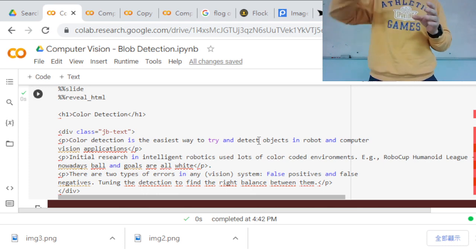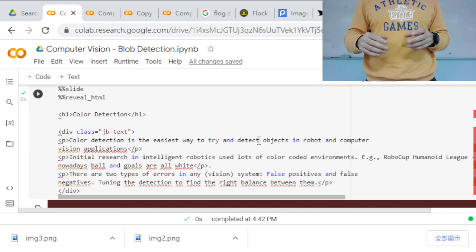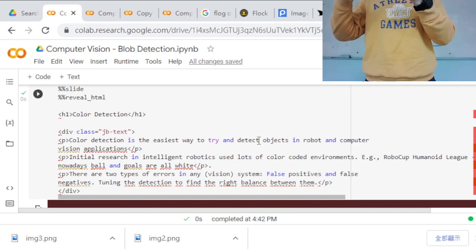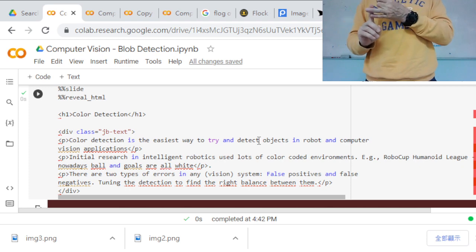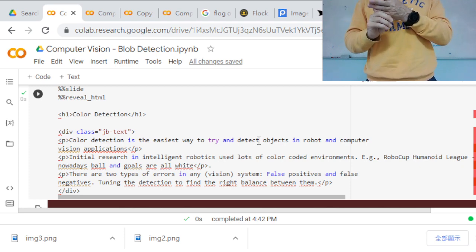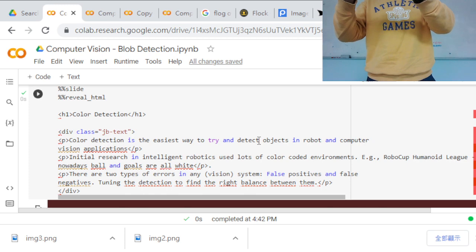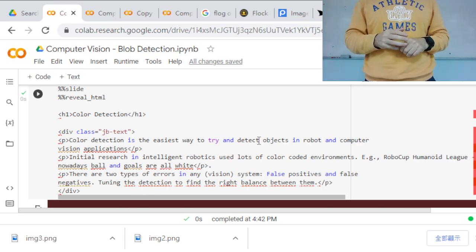And only at the very last step in our pipeline, when I already know it looks like a ball, it has the right size, it's in the position where I expect the ball to be, only at the very last instance do we check and say, do I think this could be called orange?